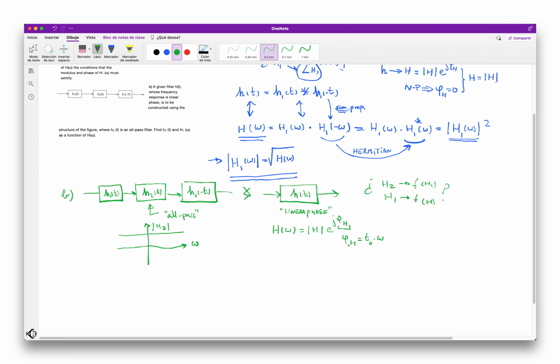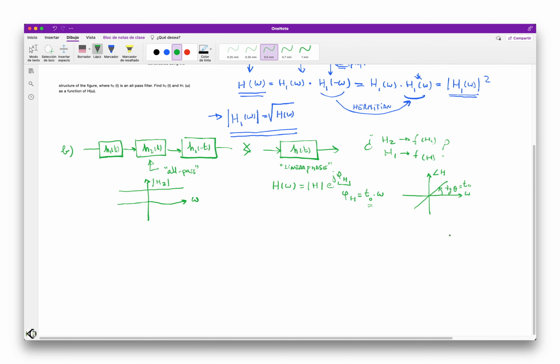This is what linear phase means. And typically, it is a straight line that goes through zero, and the tangent of this angle we can call theta. This is what linear phase means.